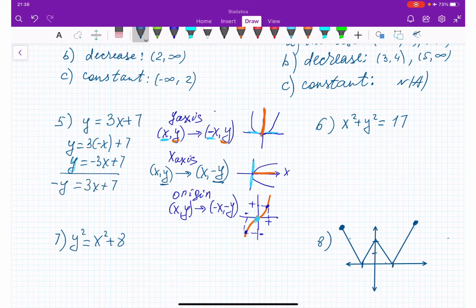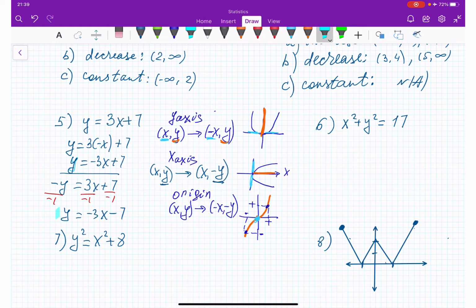If I divide by negative 1, I get y equal to negative 3x minus 7, which again doesn't match.